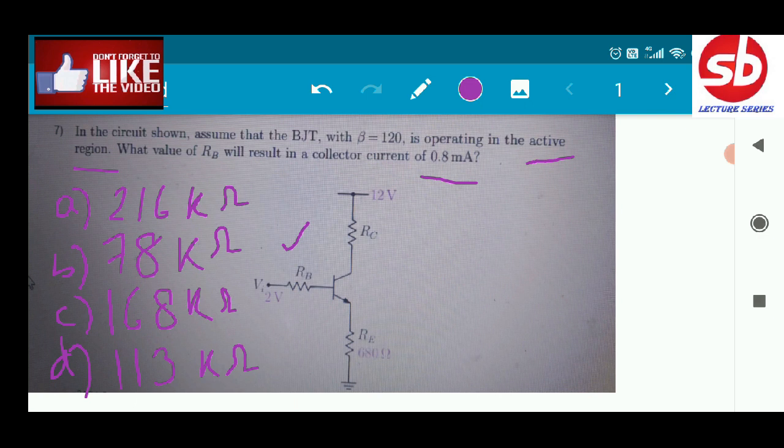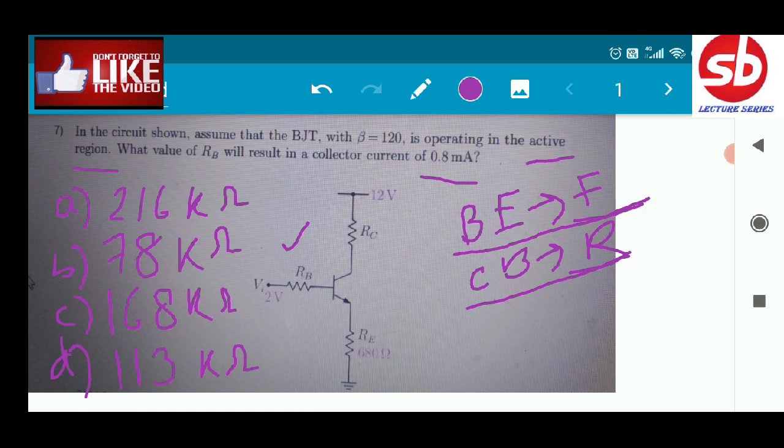First approximation: the base emitter junction should be in forward bias and the collector base junction should be in reverse bias. This is the case of the active region operation.